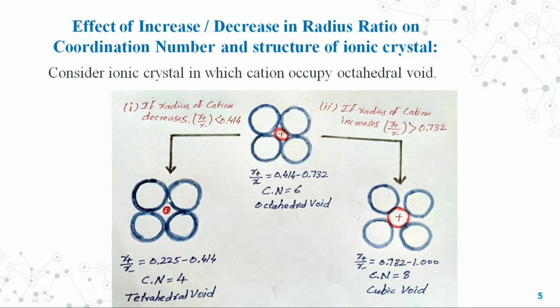As we can see in the left hand side diagram, as the radius of the cation is smaller, the radius ratio is less than 0.414, and the cation is not in contact with the anions. Because the anions are both negatively charged, they undergo repulsion, and to stabilize that, cation contact is a must.